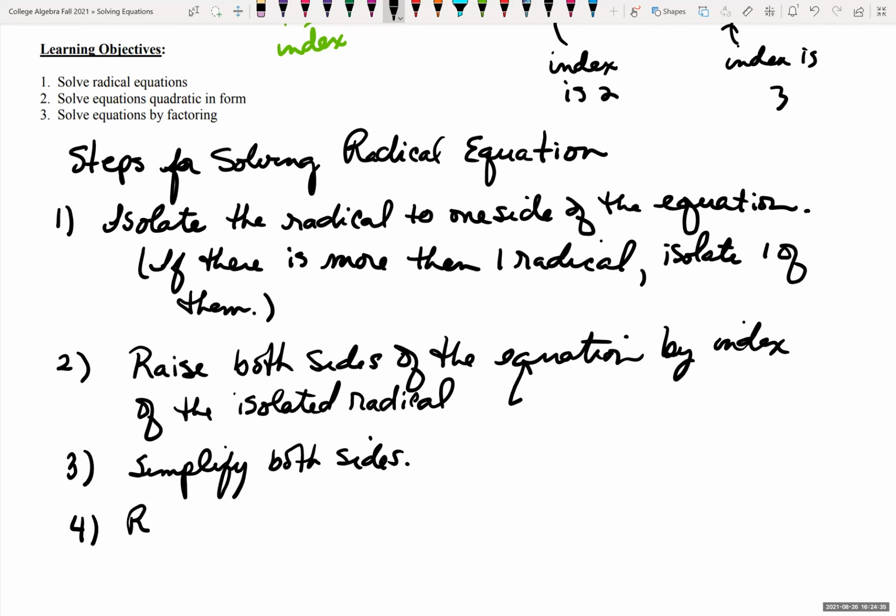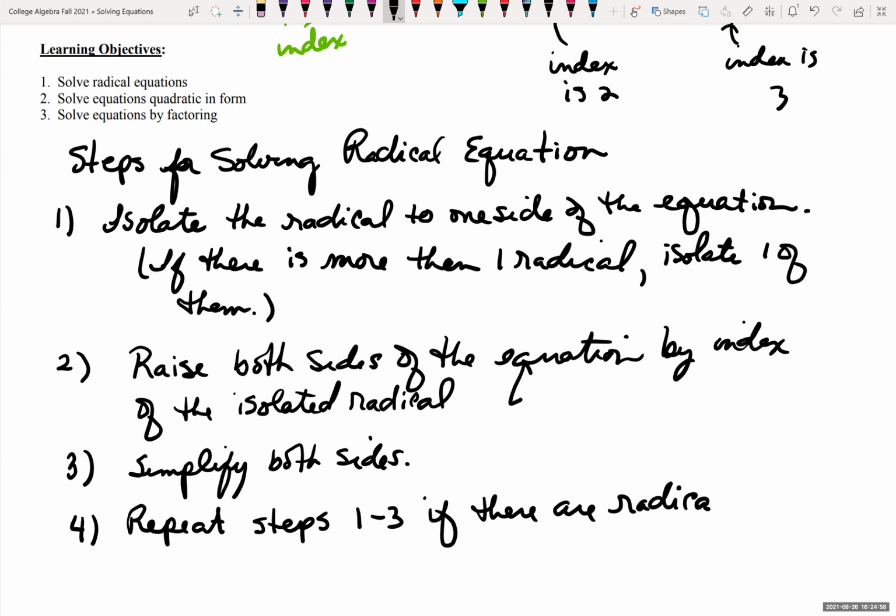We're going to repeat the same process, steps 1 through 3, if there are radicals that remained in the equation.